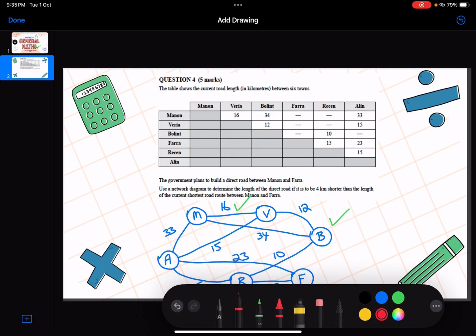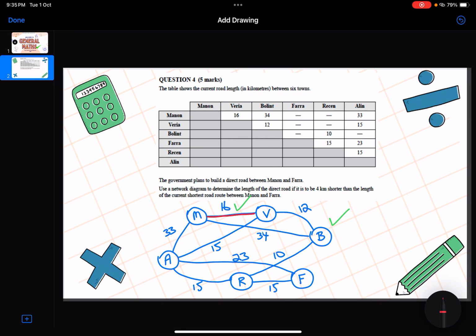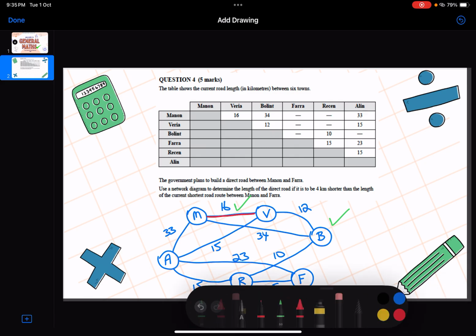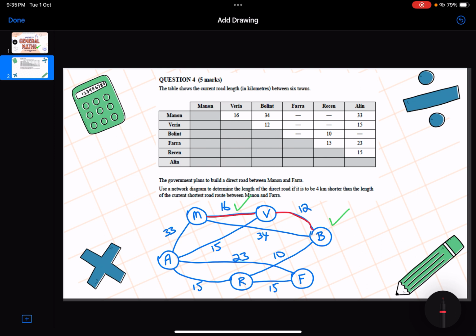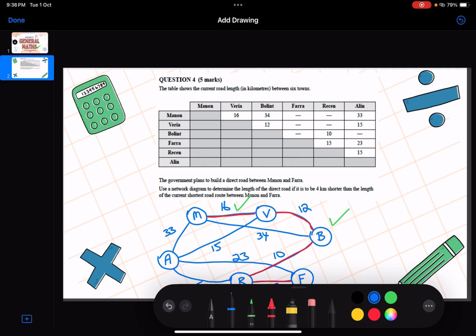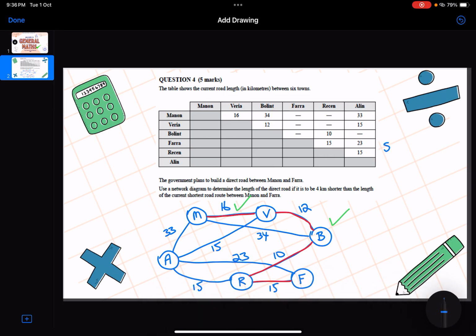If I go from Menin across to Veria, then around to Bollant, then along this line to Recent, and then from Recent along to Farah, that is the shortest path that I can see.